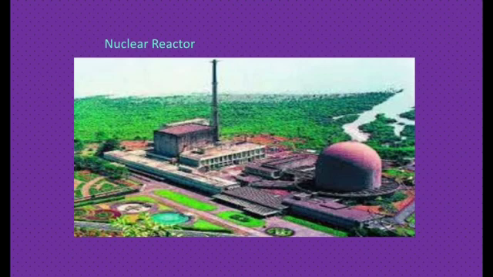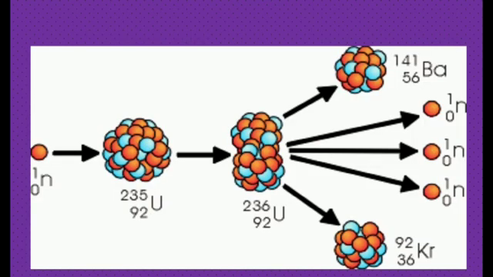On bombardment with a slow-speed neutron, the nucleus of the isotope uranium-235 undergoes nuclear fission to form nuclei of two different elements, krypton-92, look at the diagram, children, and barium-141, and 3 neutrons.